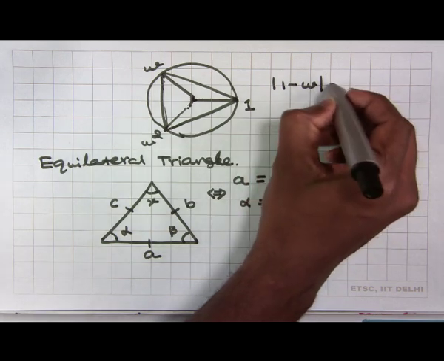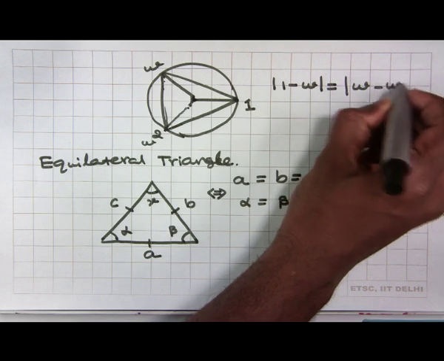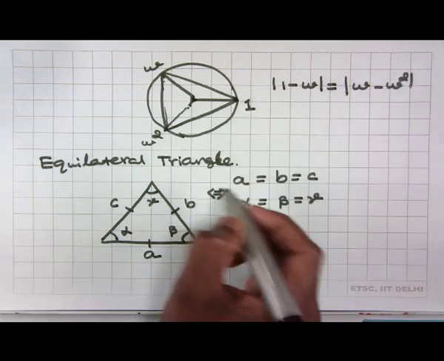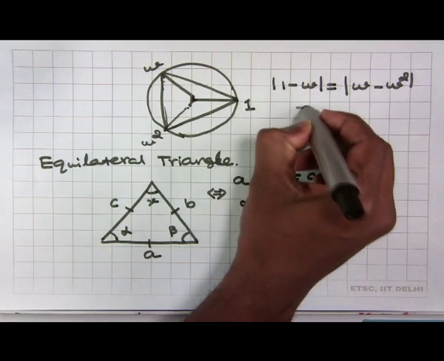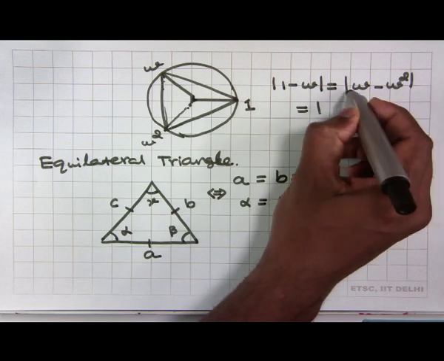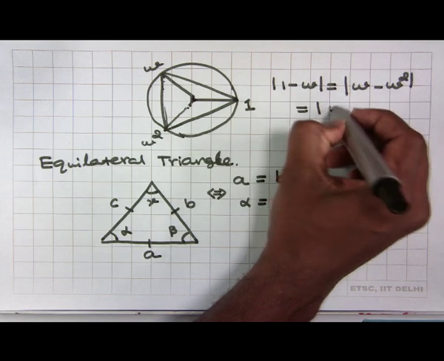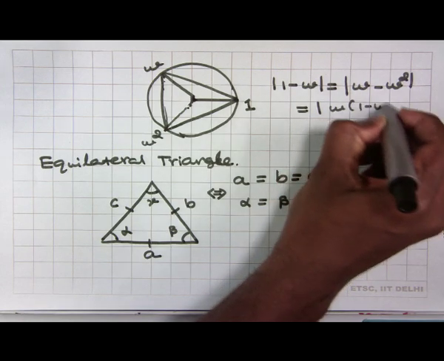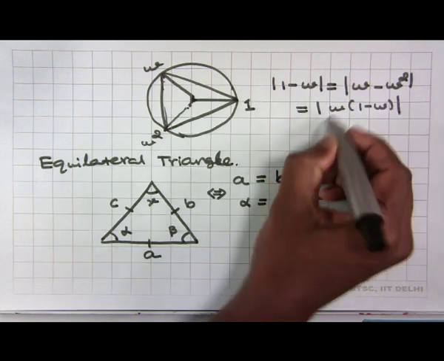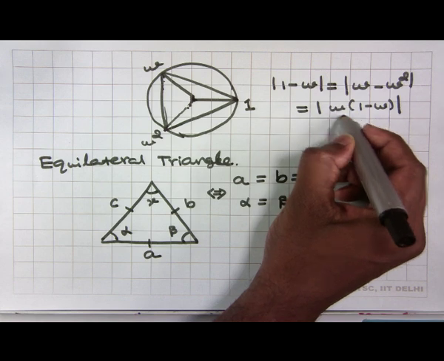You could see that this is the same as omega minus omega square. Why? Because omega can be taken common, and what you get is omega multiplied with 1 minus omega, and the modulus can be taken for each factor, mod omega is 1.